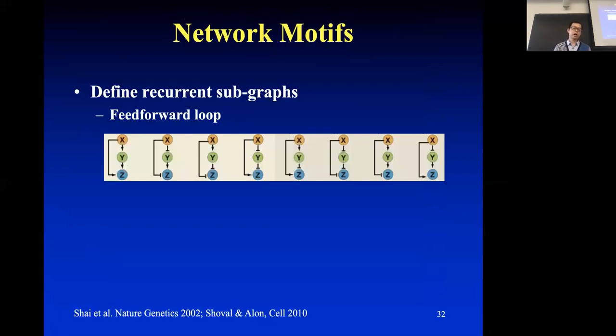I don't want to show you too many things about the network because it's so complex. But I can show you some examples of why we have some network structures. Let's make the problem easier. For example, if we have only 3 genes, then we have different ways to connect them.